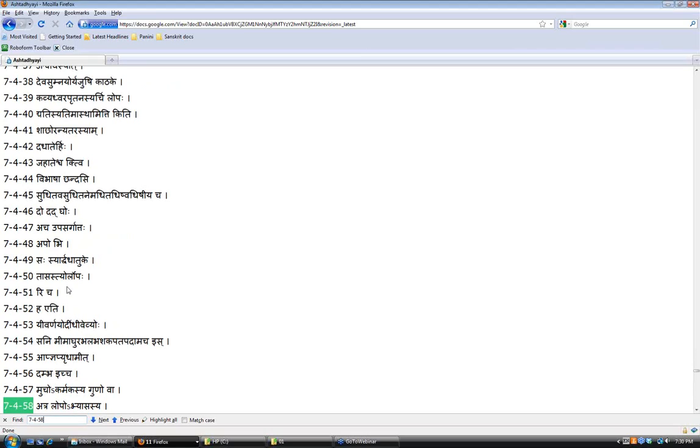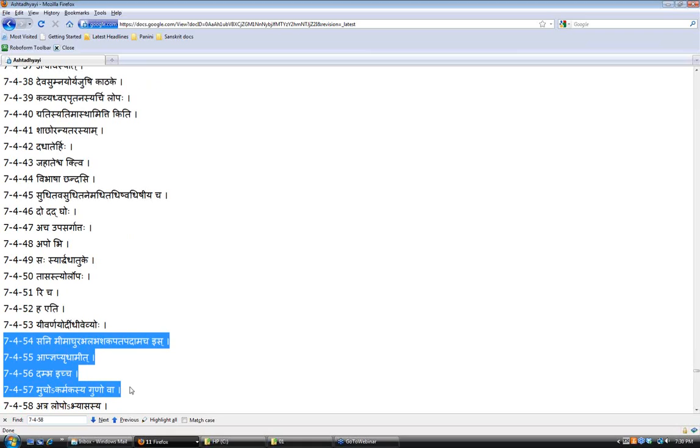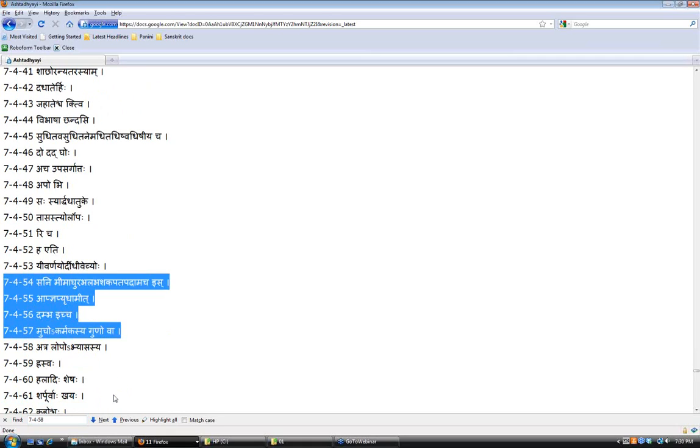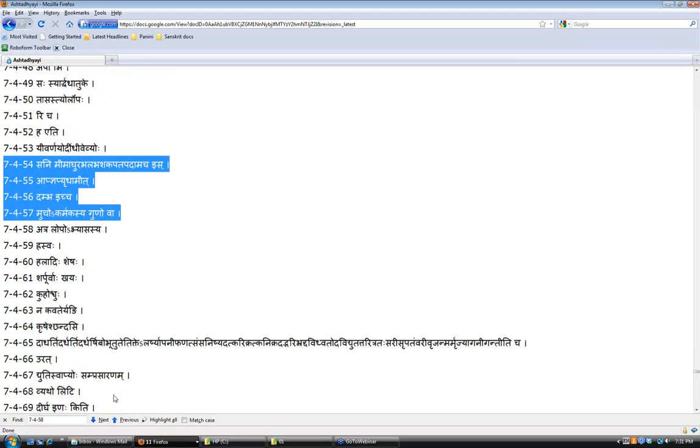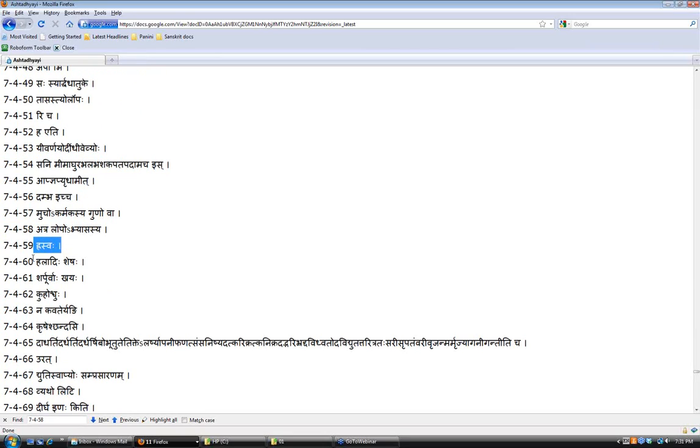Of course, in the san pratyaya, we also use 7.4.54, 55, 56, 57, but abhyasasya comes from 58 onward. So the rules we are talking about today must be in this section. Now, the four rules that we always use, the samanya niyamaha, are Rasvaha, Haladih Sheshaha, Kuhoshchuhu, and Urat.